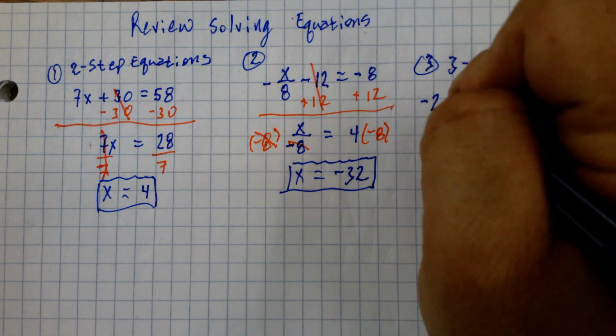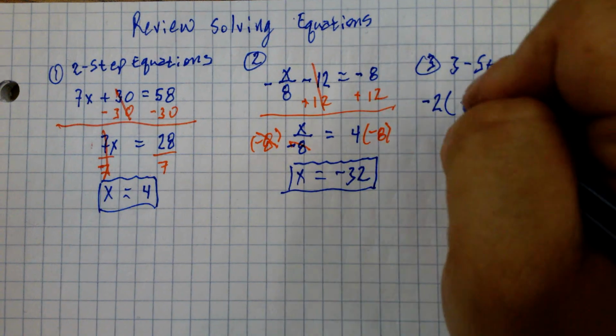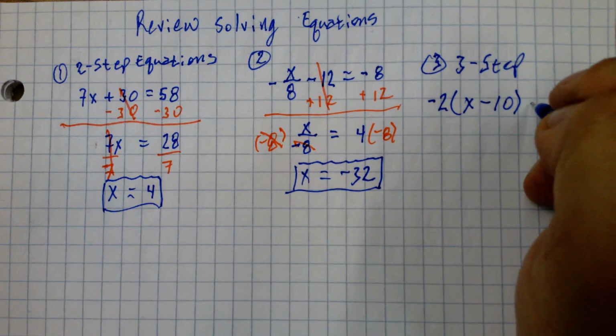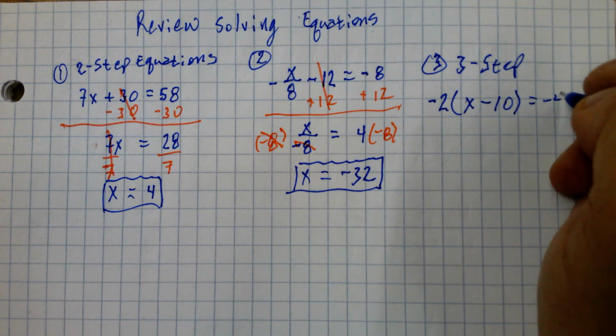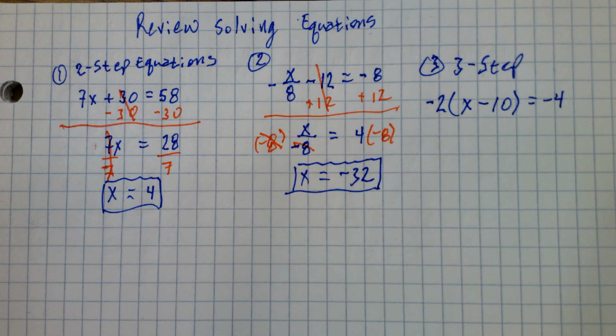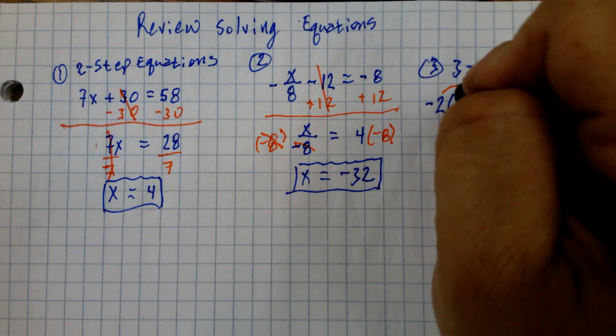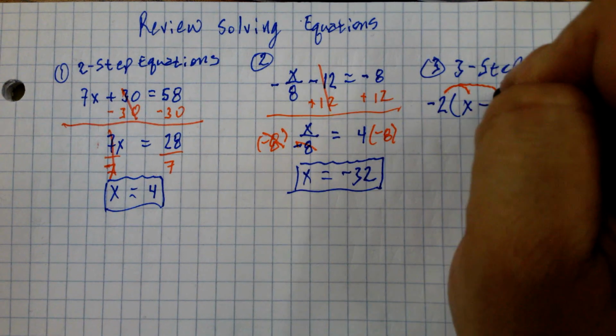Negative 2, then we'll have parentheses, x minus 10, and that's going to equal negative 4. Okay? So it's called 3 steps because we add the new step of distributing, multiplying through by this negative 2. Okay, so here we go.